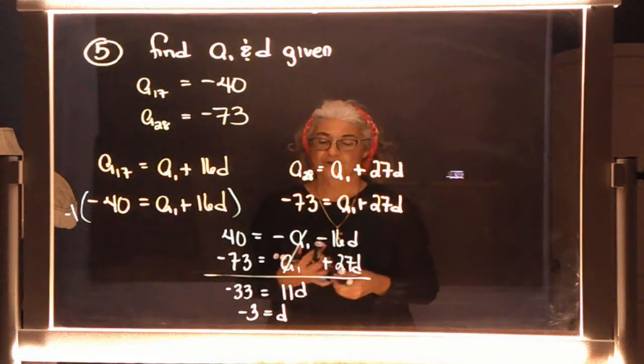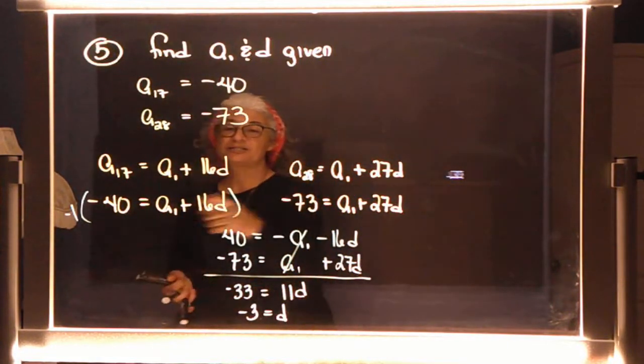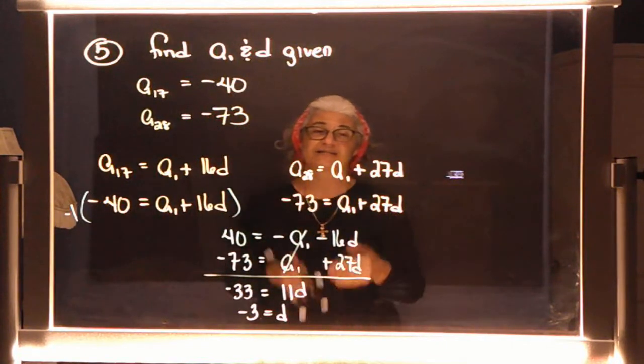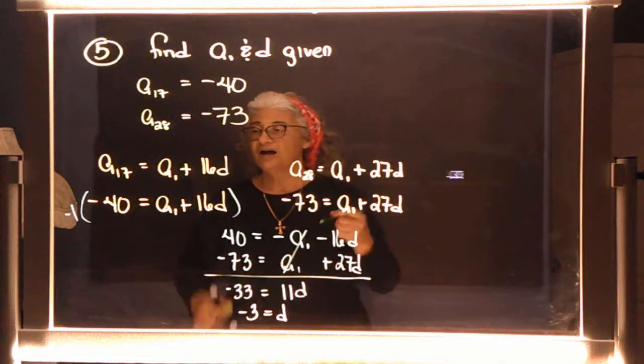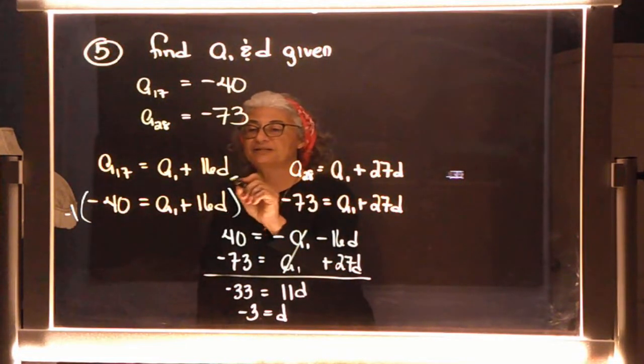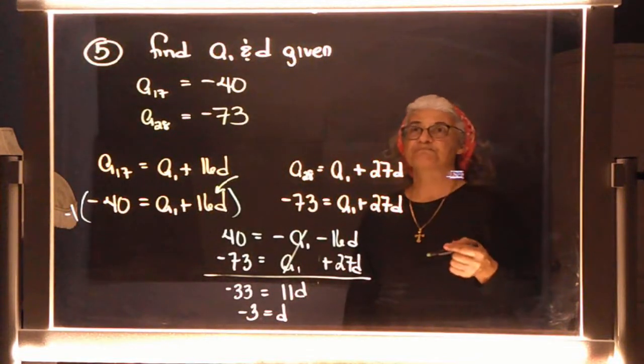Excellent. Well, now that you found d, couldn't you plug it into one of these equations to find the a sub 1? Yeah, you can. So, I'm going to take it and I'm just going to plug it into this one. Why? The numbers are smaller, no other reason.